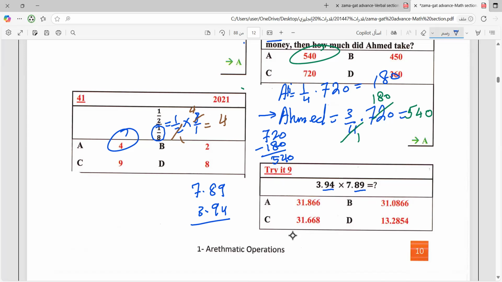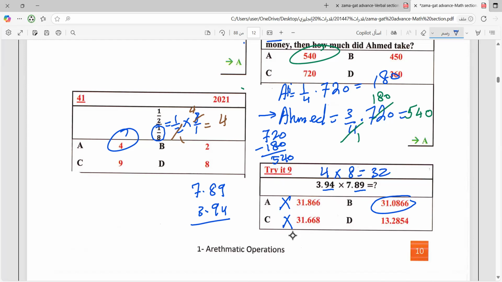So A, we cancel. So it's B. C is wrong. And B or D? B. Yeah, it's B. Why? Because this 4 is close to 8, so 4 times 8 is 32.